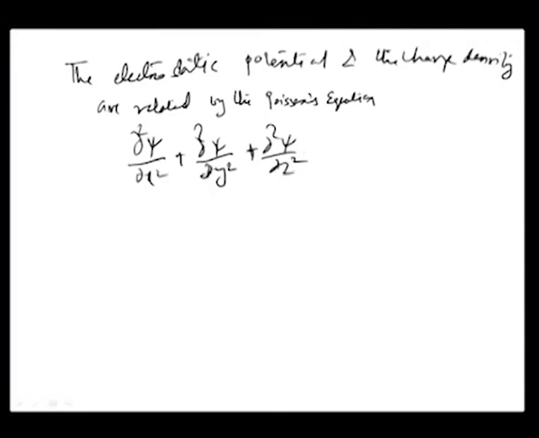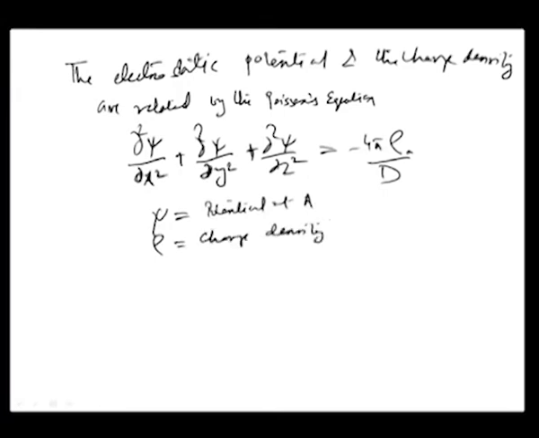This is the spatial, all second space derivatives, and that's equal to minus 4 pi times the charge density at A, rho at A, by the dielectric constant. Here xi is the potential at A, rho is the charge density at A, and d is the dielectric constant of the medium.